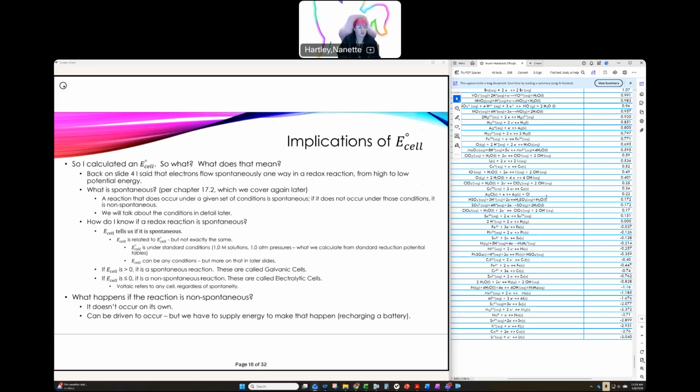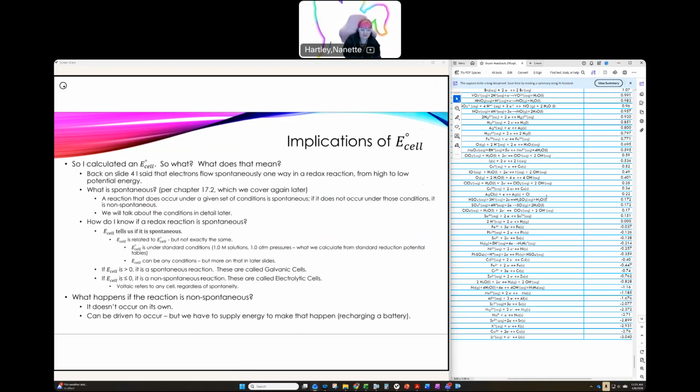Now we need to talk about what are the implications of the E naught for the cell. So I calculated this value, right? And I said that electrons flow spontaneously in one way in a redox reaction, from high to low potential. Well, per chapter 17.2, which we'll be talking about in the next few lectures, a spontaneous reaction is a reaction that does occur under a given set of conditions if we leave it alone.